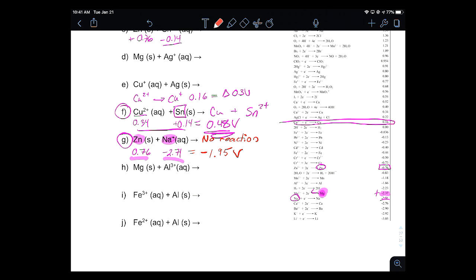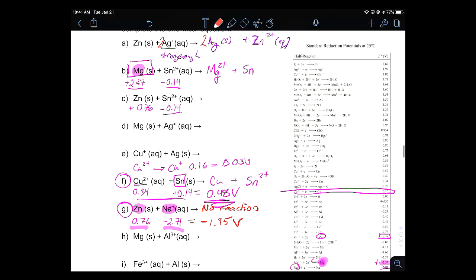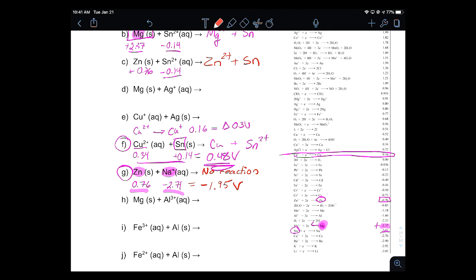I did see it just a second ago. Copper 2+, this one here, right?